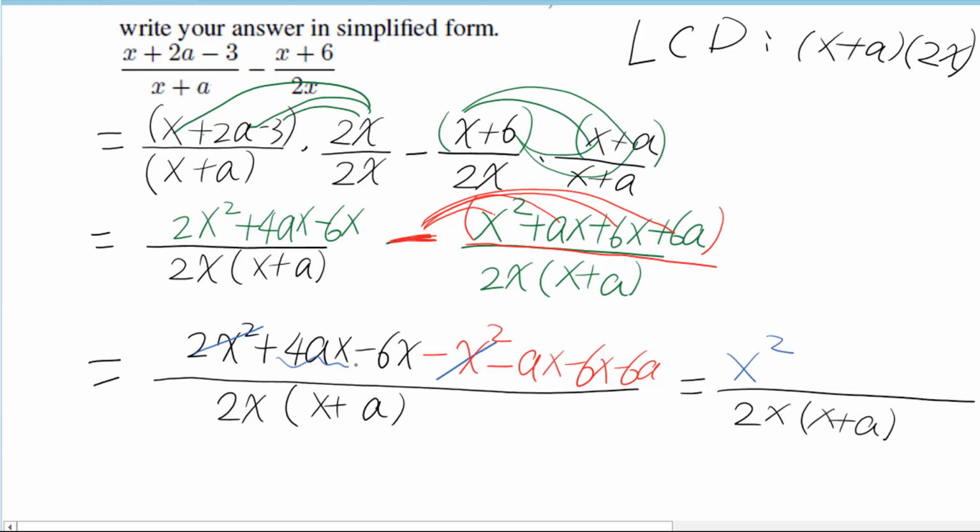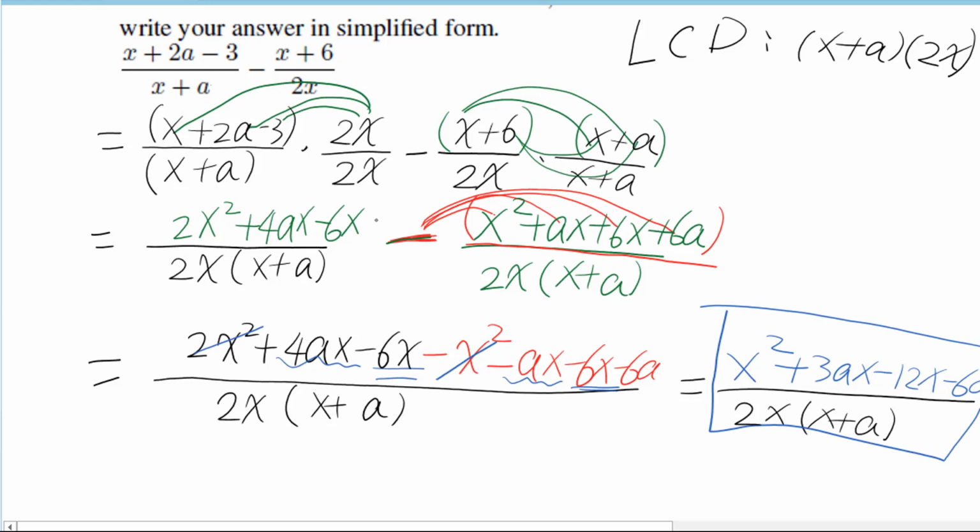Here's 4ax minus ax, which is 3ax, minus 6x minus 6x. You will get the minus 12x. Then minus 6a. This will be the final answer to this question.